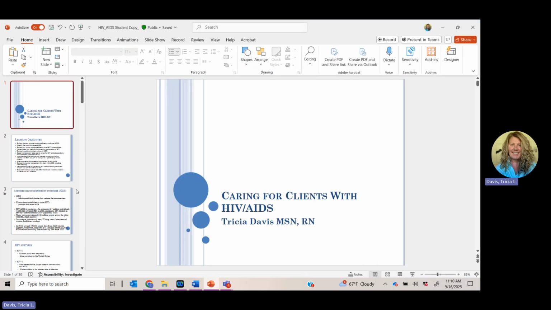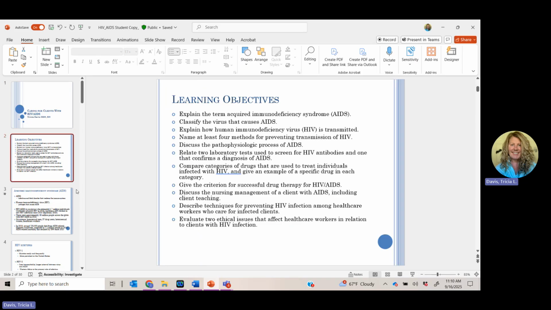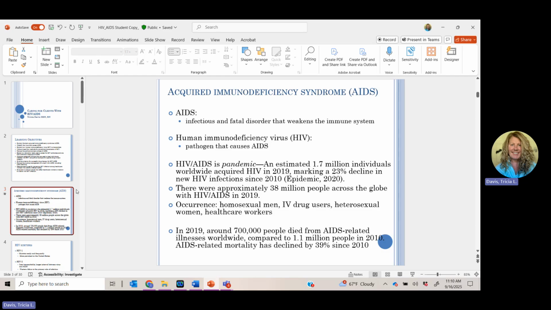Now we are going to talk about patients who have an immunotype disorder, which is going to be HIV and AIDS. So these are your learning objectives. So when we think about these patients that have acquired immunodeficiency syndrome, okay, AIDS, which is very different than HIV.